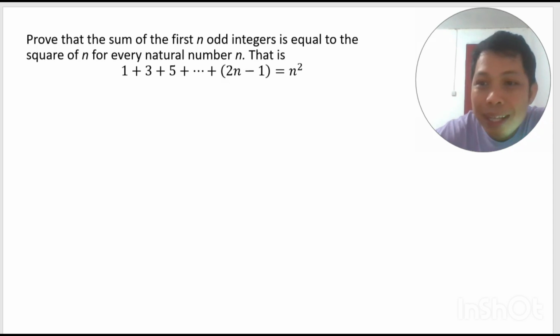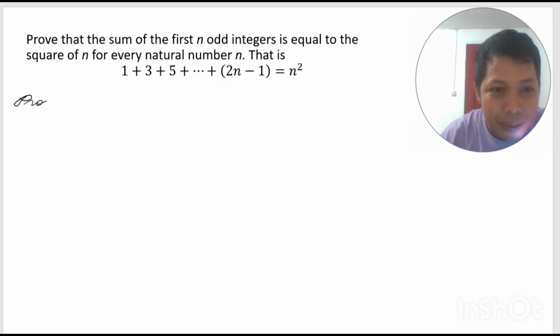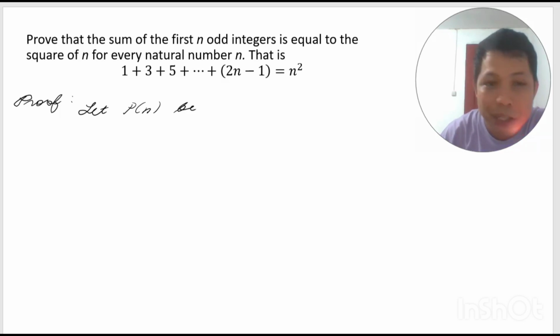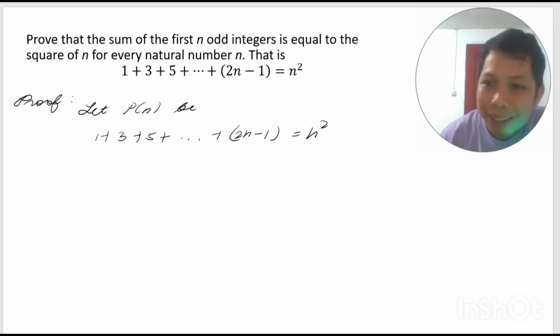So let us prove this mathematical statement together. We let P of n be the given equation: 1 plus 3 plus 5 plus and so on plus 2n minus 1 is equal to n squared.